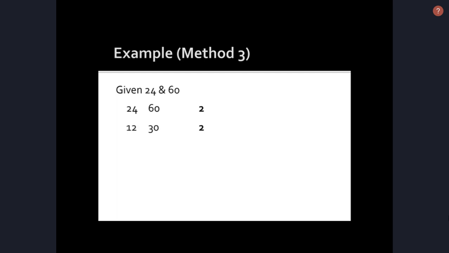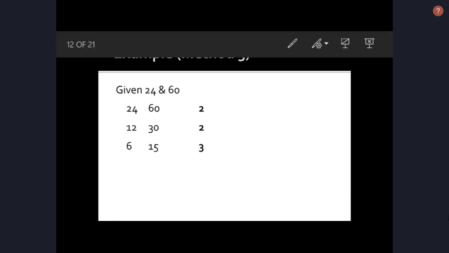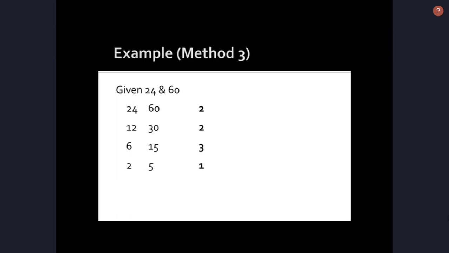Continue the steps until we can no longer find any prime number that can divide all the numbers on the right side. The GCD is 2 times 2 times 3 times 1, which is equal to 12.